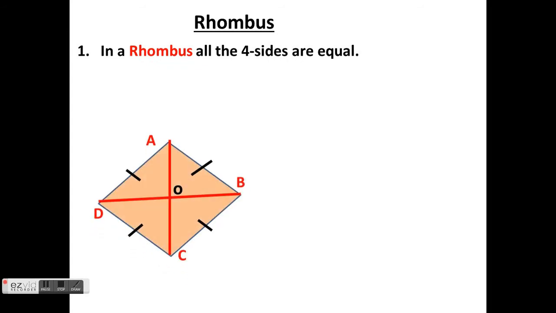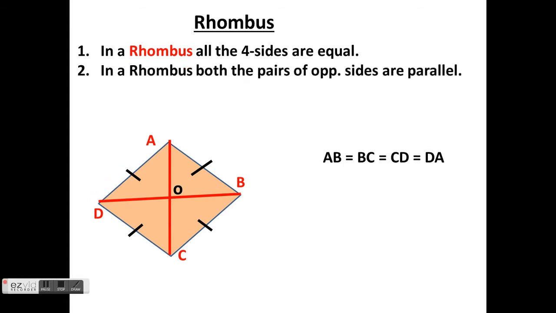Next one is rhombus. In a rhombus, all the 4 sides are equal. See the figure, clearly it is marked, all the 4 sides are equal. Mathematically, AB equals BC equals CD equals AD. In a rhombus, both the pairs of opposite sides are equal and parallel. AB is parallel to DC and AD is parallel to BC.